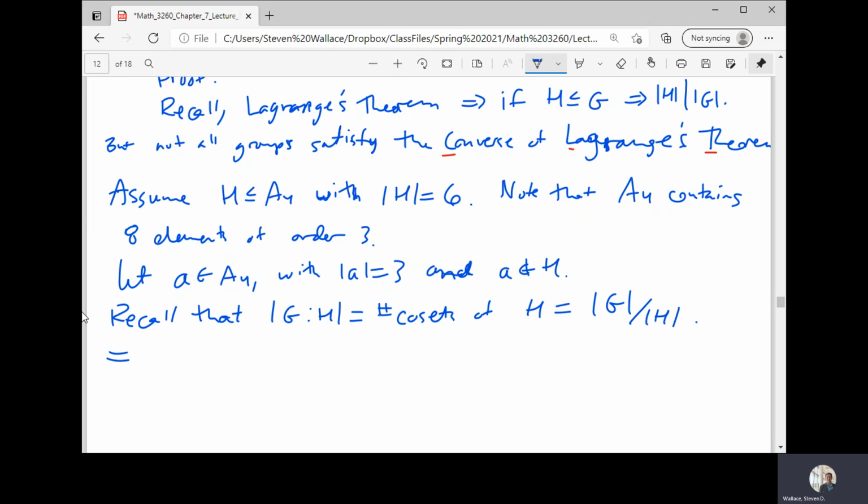So this means that the index of the H that we're talking about here must be 2.